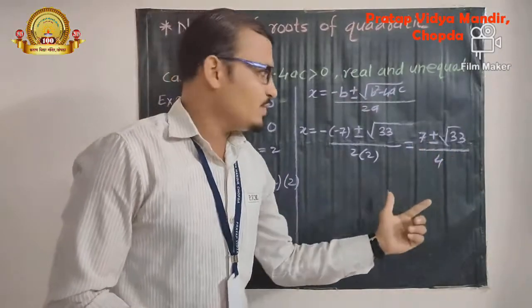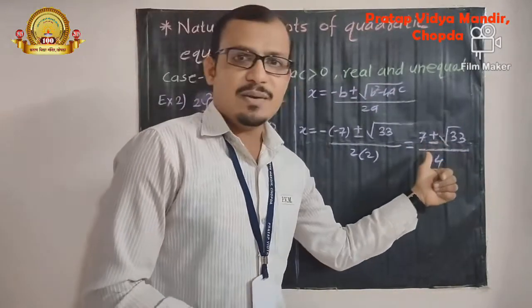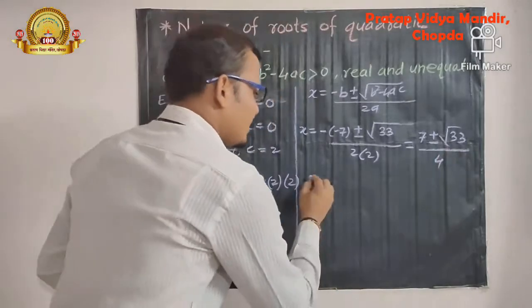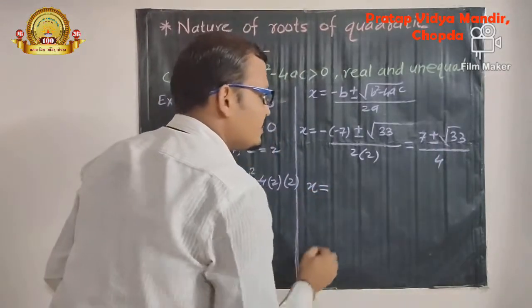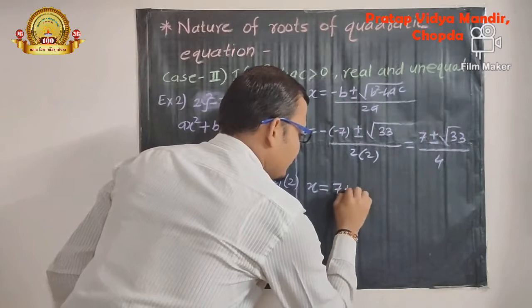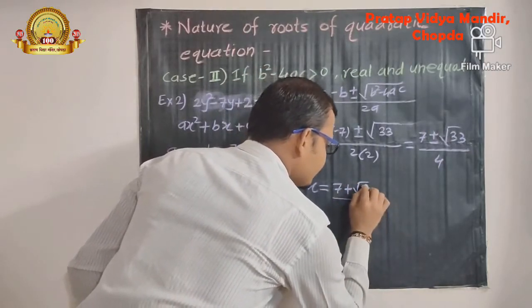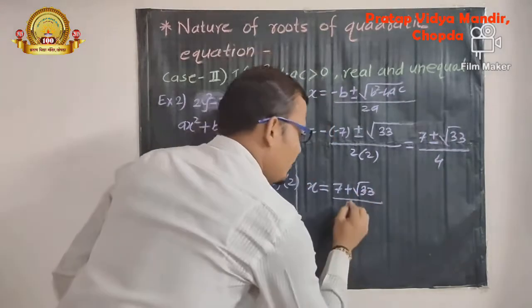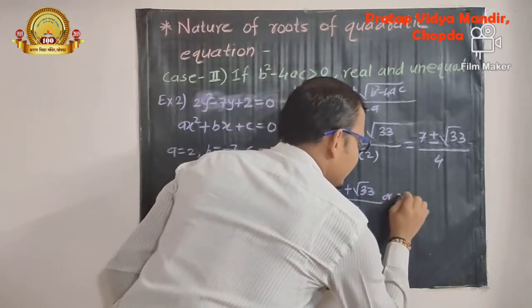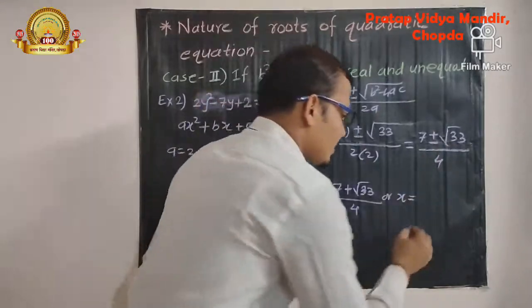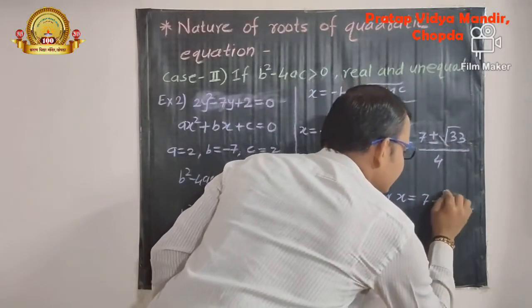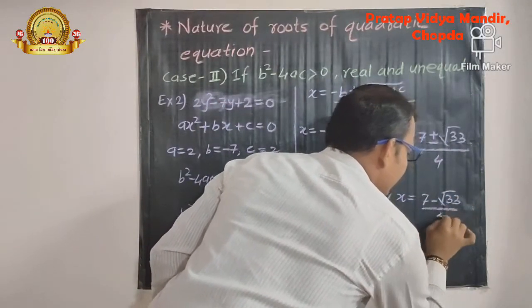Now we separate these roots. First we take the plus value and then we take the minus value, so that we get the two roots here. x = (7 + √33)/4, or x = (7 - √33)/4.